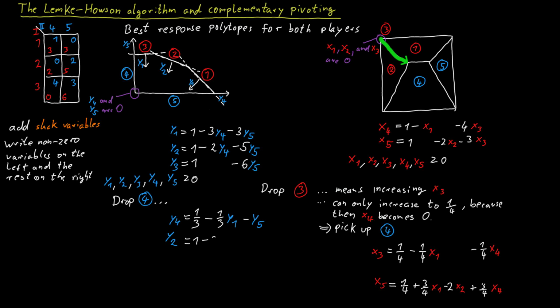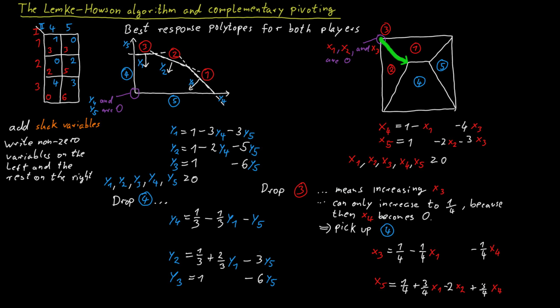So we just plug in what we know y4 is based on the first equality, and then we simplify, and then we write it a bit nicer, and the last equality doesn't change because it doesn't involve y4 or y1. And this is our new dictionary.